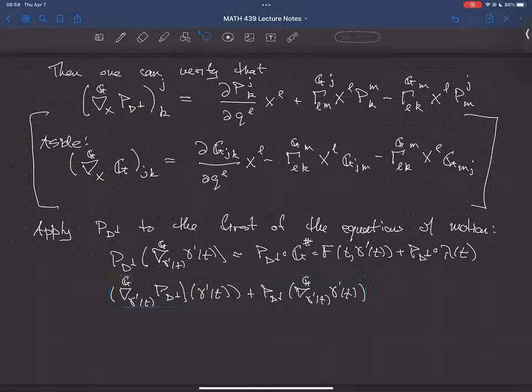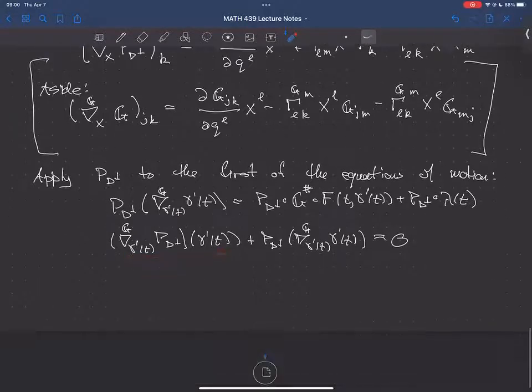I know that that is equal to 0, so this term appears here and here, and PD perp of this is therefore equal to this thing.